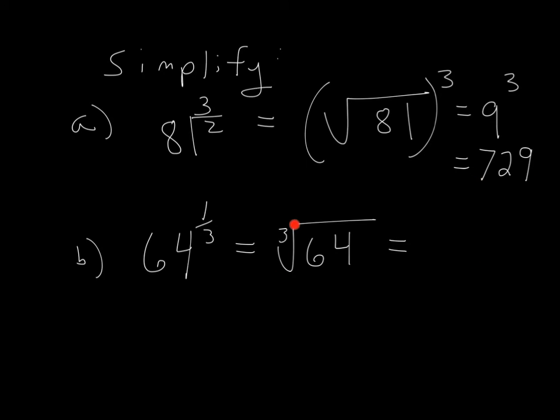This is a cubed root. It's saying what number multiplied 3 times together, the same number, would equal 64. The calculators will do that for you, or you can just think about it. It turns out it's 4 times 4 times 4. If you multiply 4 3 times, you'll get 64. So the answer is 4.